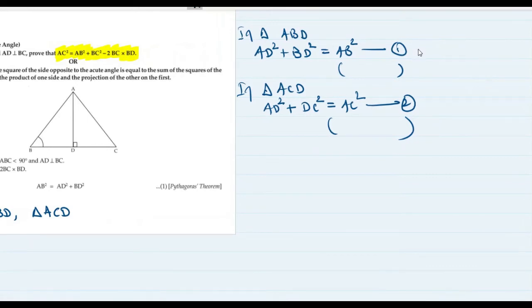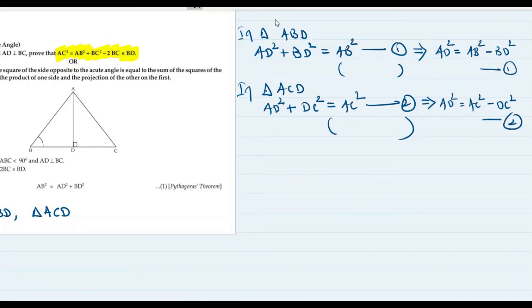So what happens is, from equation 1 we can say that the value of AD square is AB square minus BD square, and from equation 2 we can say that the value of AD square is AC square minus DC square. Now what you can do is equate both these equations, that is 1 and 2.